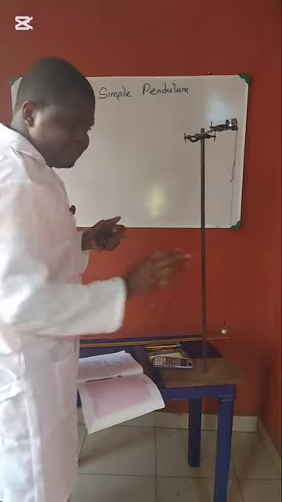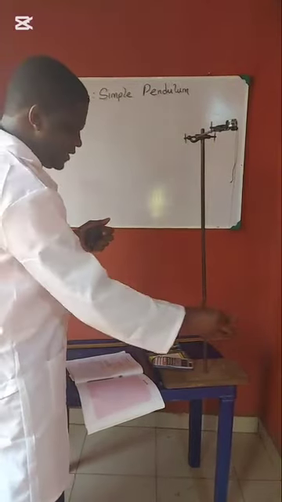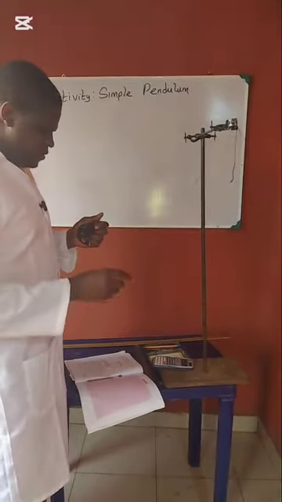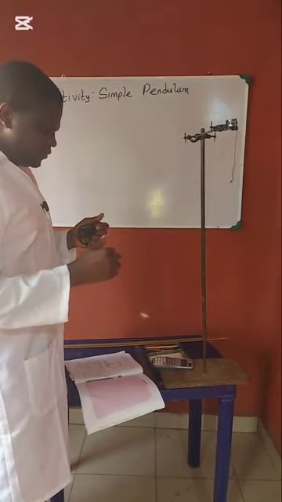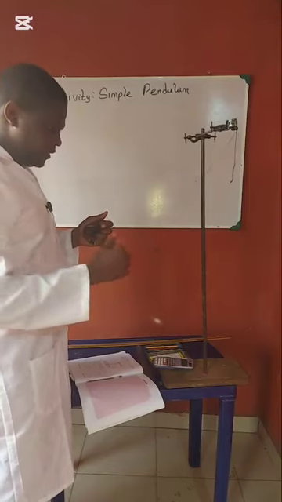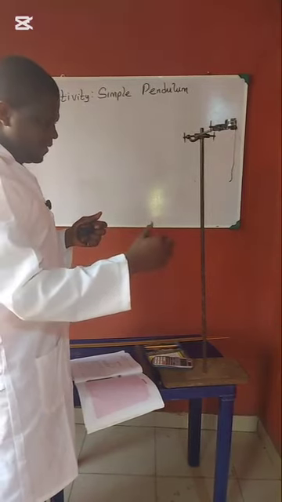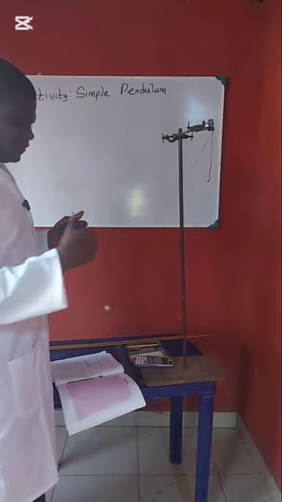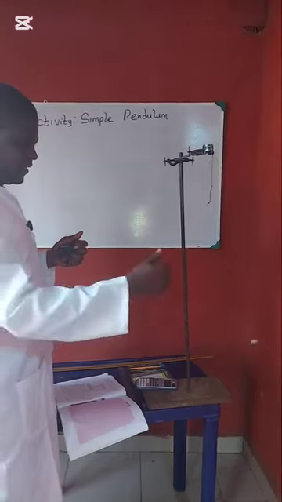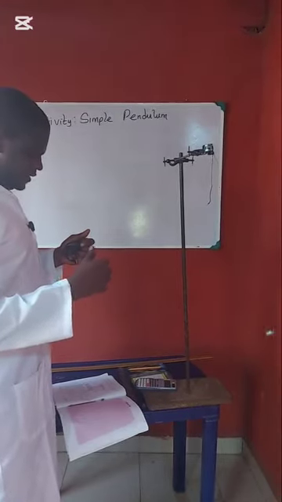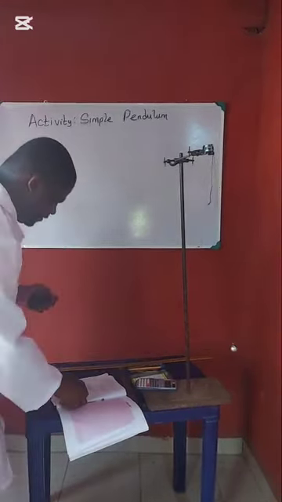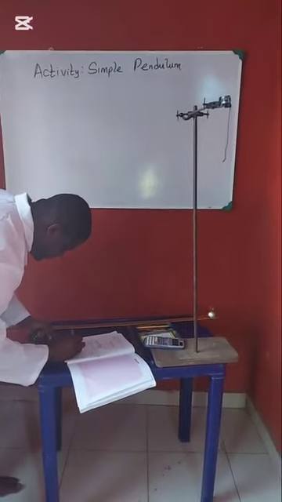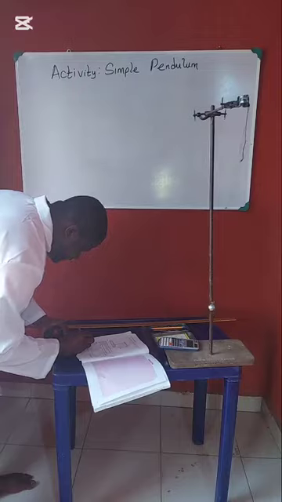I will repeat the same process again for 60 cm. 1, 2, 3, 4, 5, 6, 7, 8, 9, 10. 15.00. The next is 50 cm.